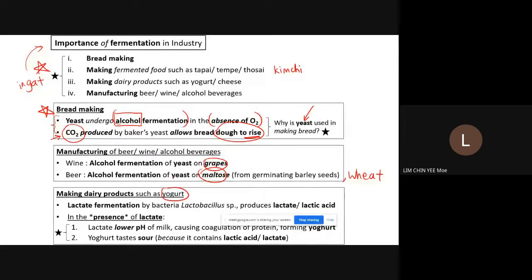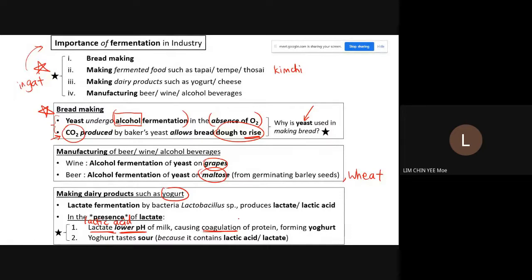Ini you kena ingat kenapa yogurt jadi solid. Kenapa yogurt tasted sour. Lactate is lactic acid. Okay, you have to remember that lactate ialah acid. Acid maksudnya dia lower pH. So kalau lower pH, mestilah dia akan jadi protein tu coagulate sebab denaturation.